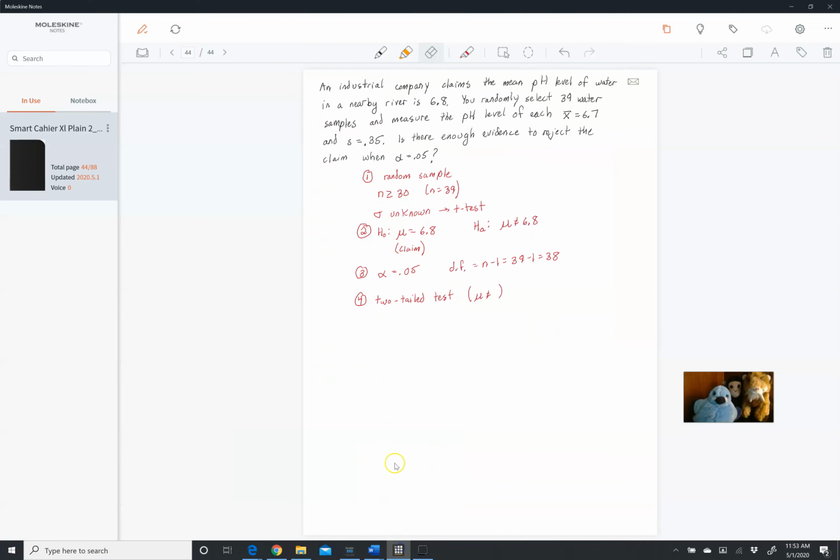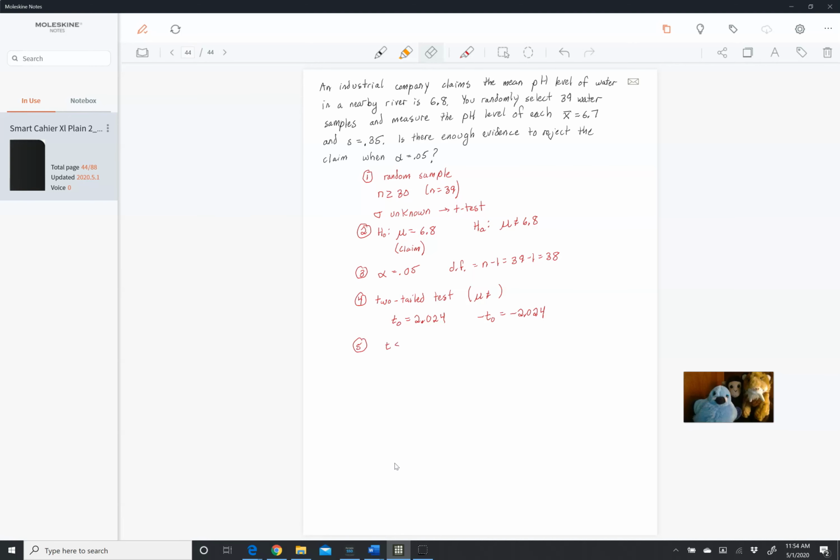2.024. So our t sub 0 is 2.024. And our negative t sub 0 is negative 2.024. So what are our rejection regions?